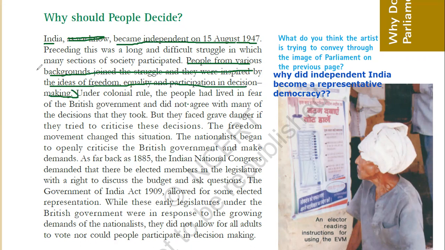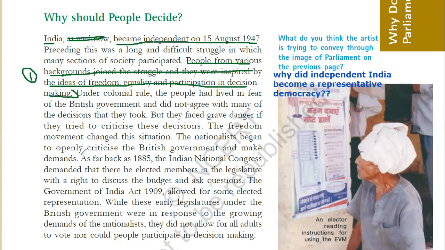This entire part will be your first point. The first point would read, India became independent on 15th August 1947. People from various backgrounds joined the struggle and they were inspired by the ideas of freedom, equality, participation in decision making.